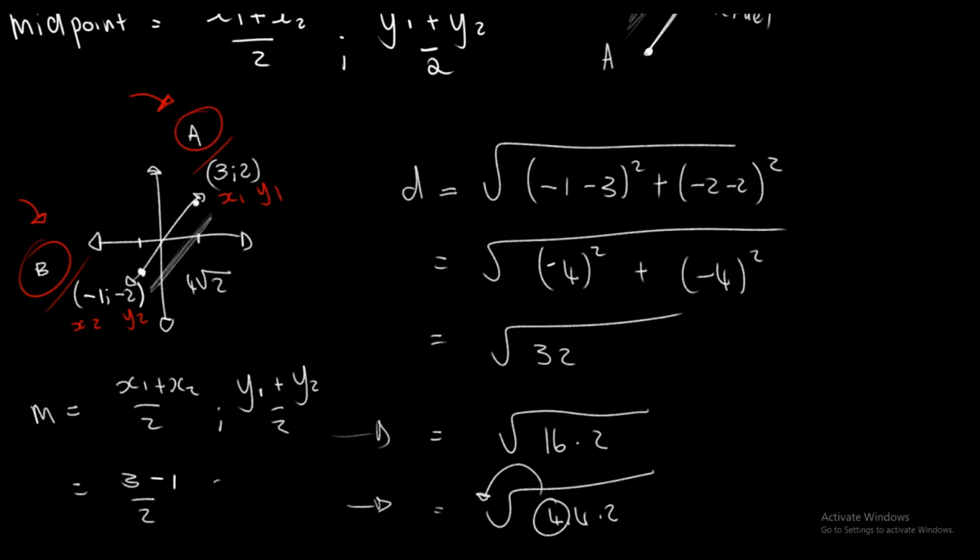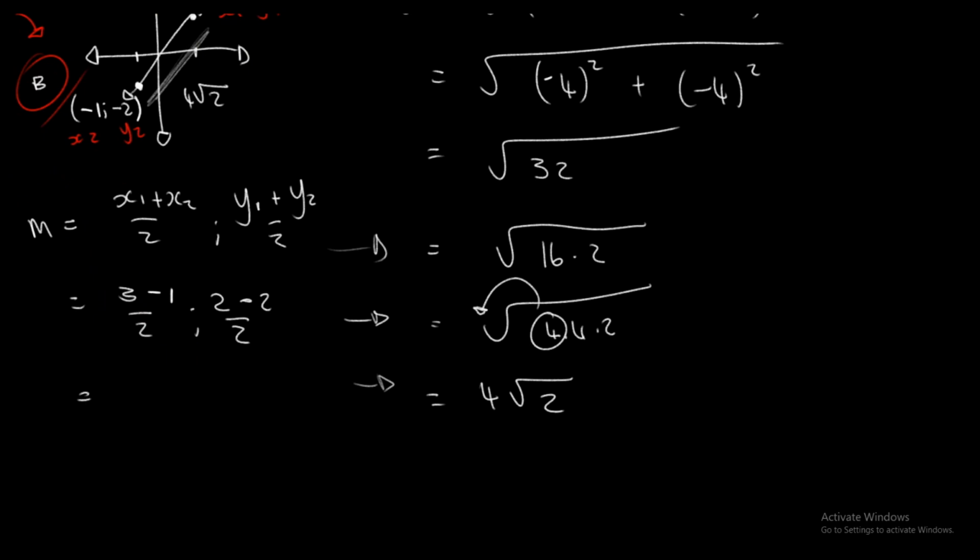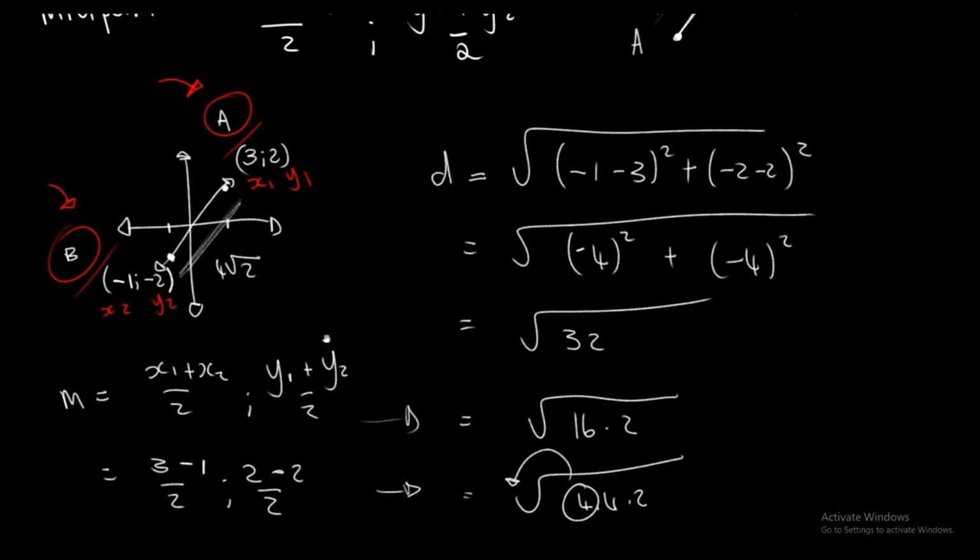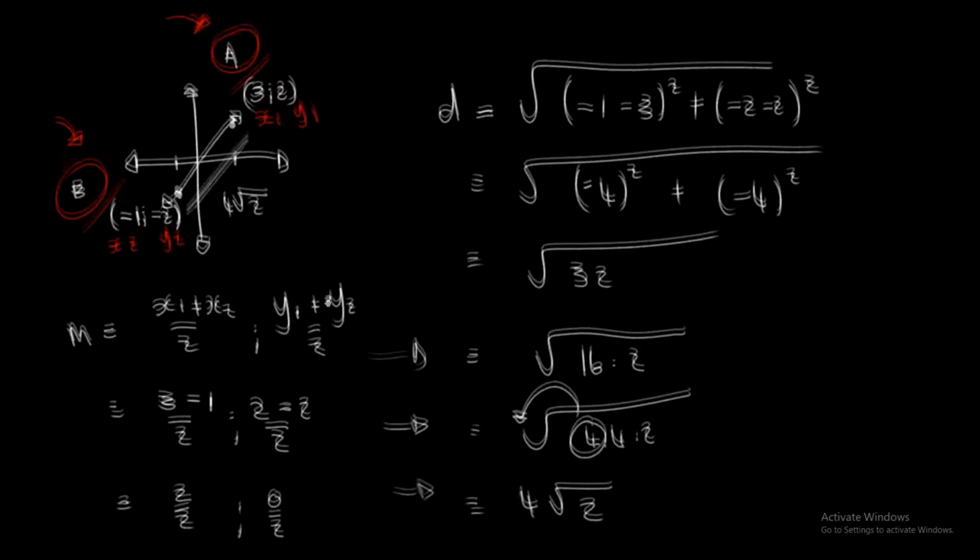And then we have y1, which is 2 minus 2 over 2. Now let's solve. That's going to give me 2 over 2. This one will give me 0 over 2. Therefore, this is 1, 0. So my midpoint is going to be 1, 0.